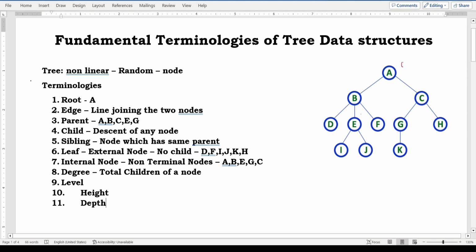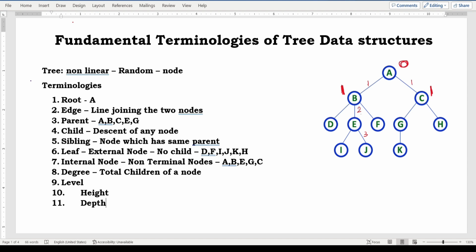From the top, A is at 0 depth. The longest path to B or C is 1 and 1, so the depth of B is 1, and the depth of C is 1. If you take J, what is the longest path from the root? Here 1, this is 2, this is 3.